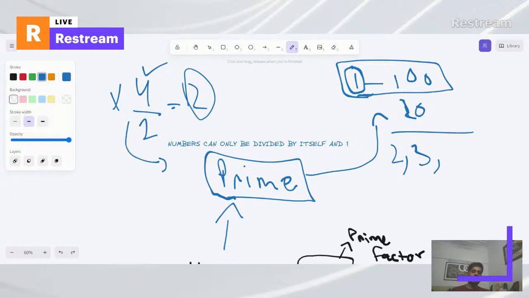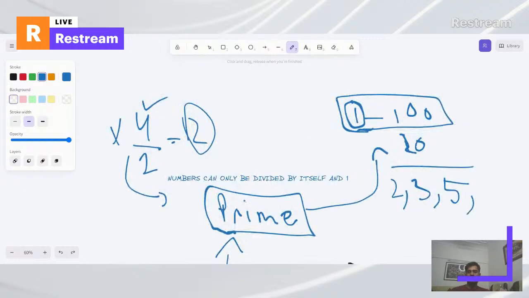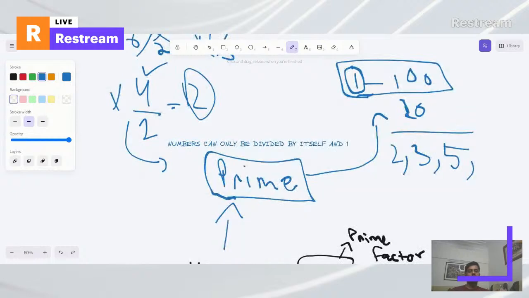Now if I go on to 5, 5 is a prime number. 6 can be divided by 2, and 6 can be divided by 3, so it is not a prime number. We can count 7 as a prime number. Can we count 8, 9, 10 as prime numbers?